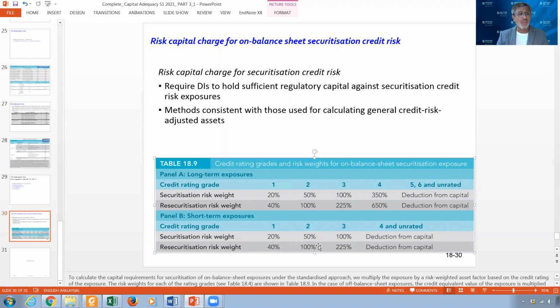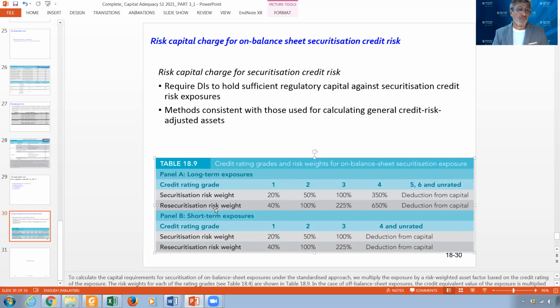And we have securitization and resecuritization. Sometimes we have the original assets, and sometimes we take those assets and make them into another bond. So we have a bond backed by another bond. This is what we call resecuritization.